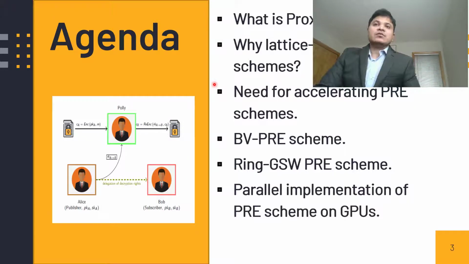Next we'll go through the construction of the BV PRE scheme, which is our first PRE scheme, and we'll also see the parameters that go into the instantiation of such a scheme and the critical noise parameter that we have to be aware of, since these are lattice-based encryption schemes. They are very much dependent upon the noise growth. So we'll be taking a closer look at that.